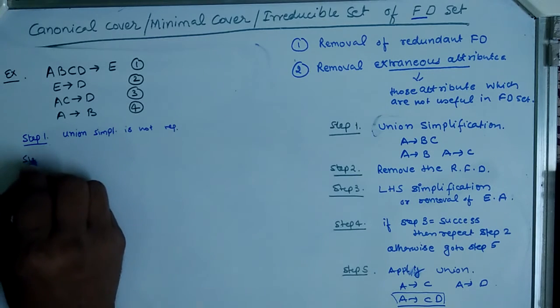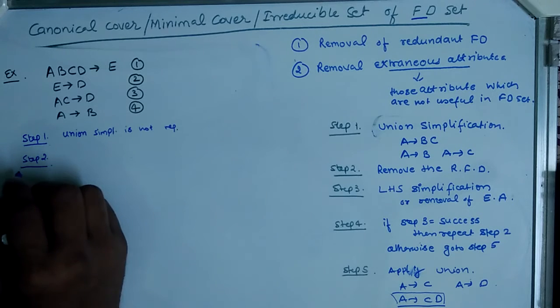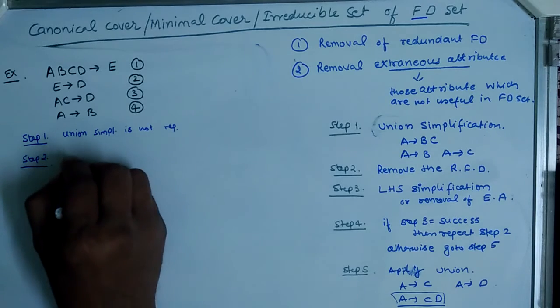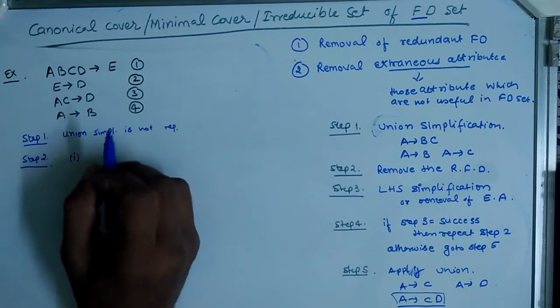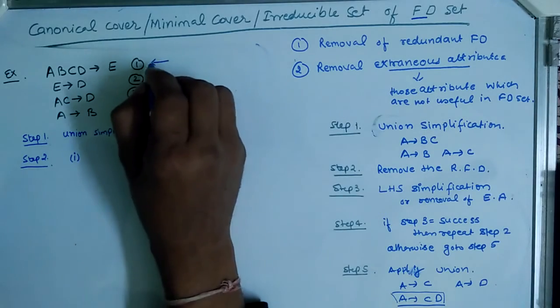Now step 2 would be to identify the redundant functional dependencies, and we have to check one by one. So for the first one, we need to check whether this functional dependency is redundant.